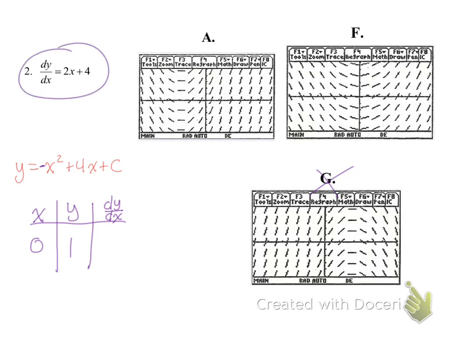So at 0, 1, what is that, 4? Does the graph have a slope of 4? If I look at A, yeah, it looks pretty steep. Would I say it's 4? I don't know. But if I look at F at 0, 1, is that 4? No. So your answer is A.